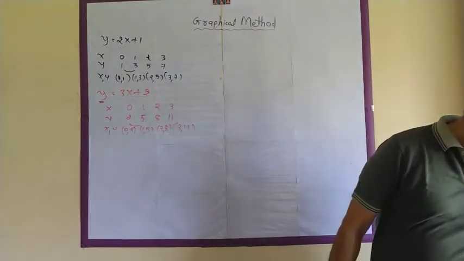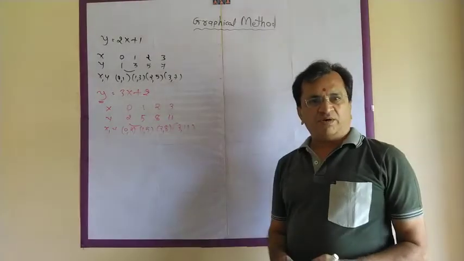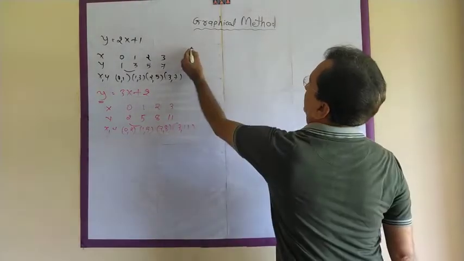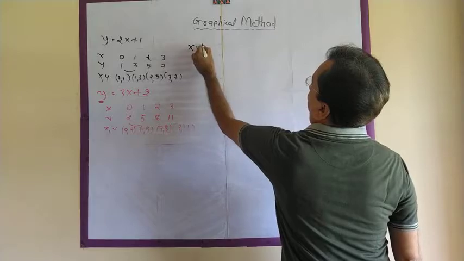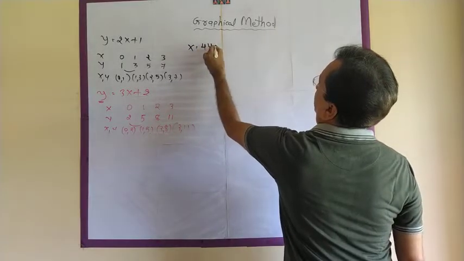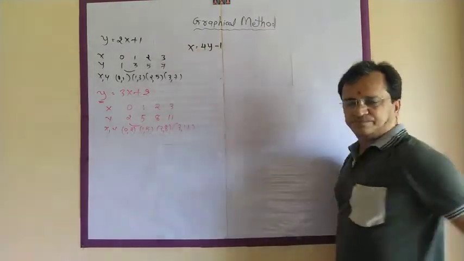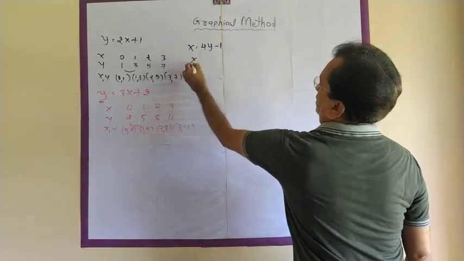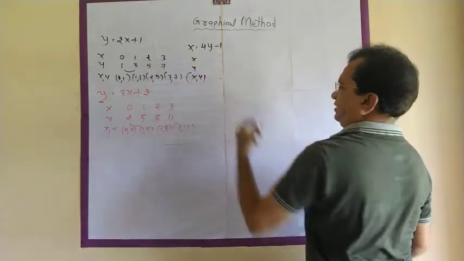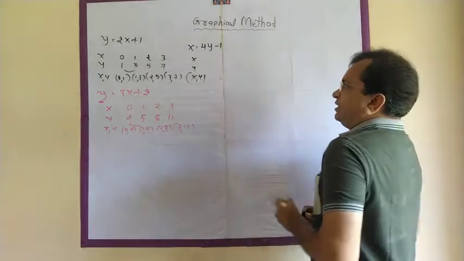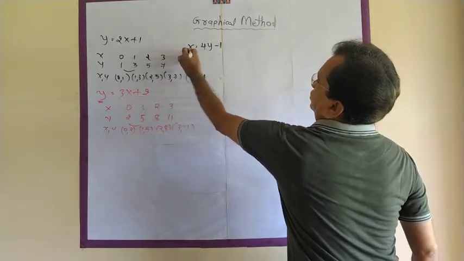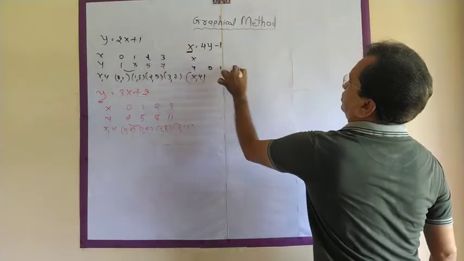Now suppose the equation is in the form of x. For example, x is equal to 4y minus 1. So again x, y, x, y. The equation is in the form of x, so consider y first. 0, 1, 2, 3.